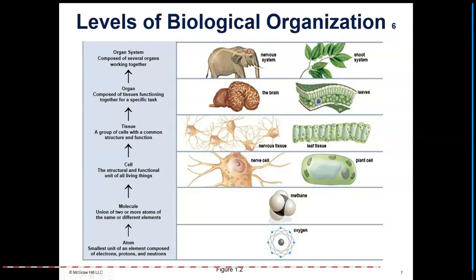Atoms are the simplest, smallest particles of any type of matter, including living things. This atom that they've given as an example is oxygen.